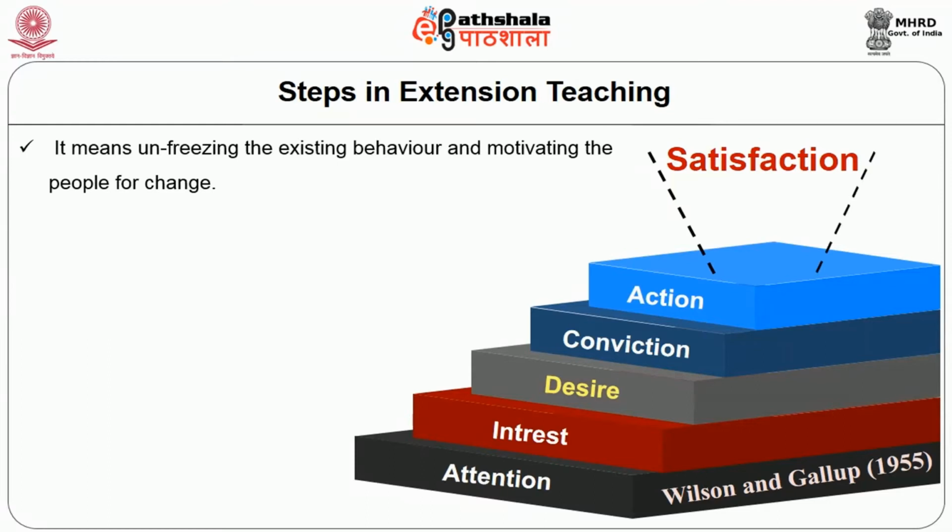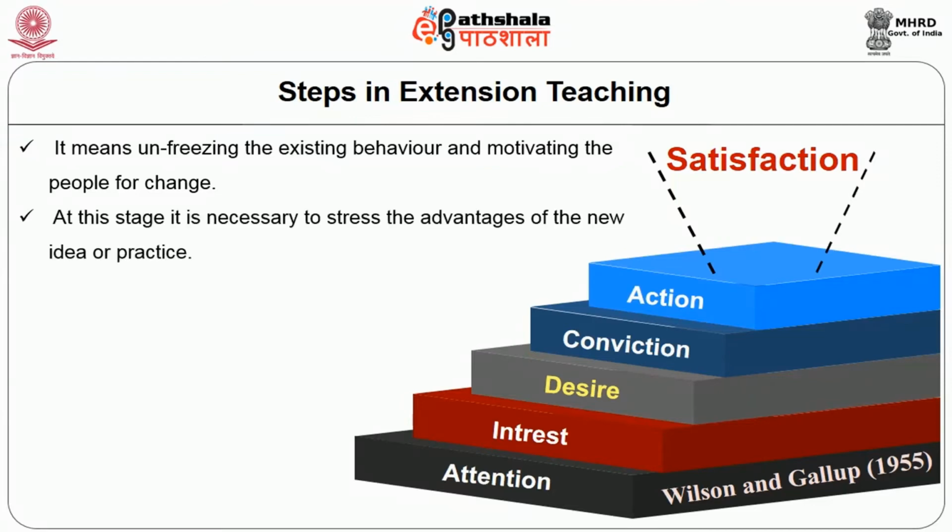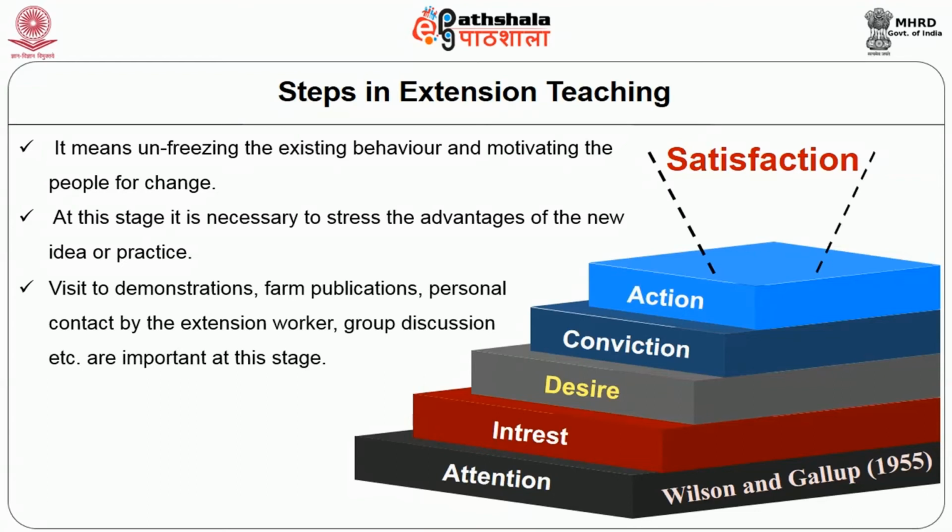The third stage is desire. It means unfreezing the existing behavior and motivating the people for change. At this stage, it is necessary to stress the advantages of the new idea or practice. No one may be interested unless it has some advantages over the existing practice. So additional information should be given to arouse their desire.